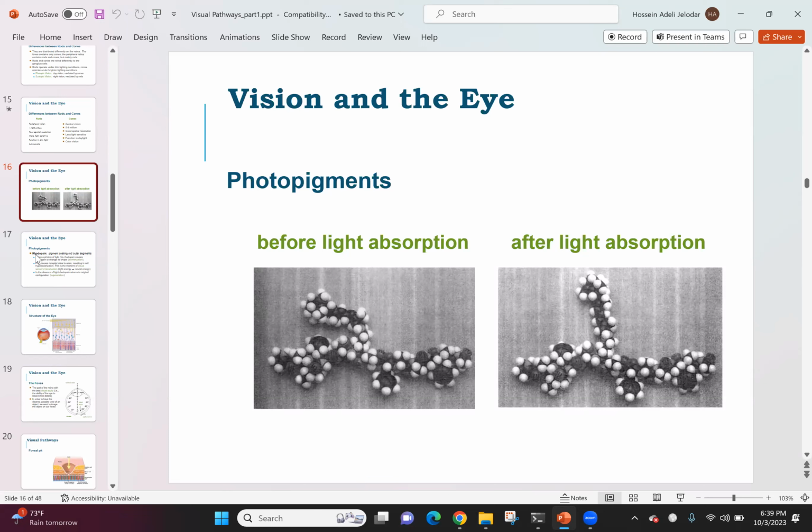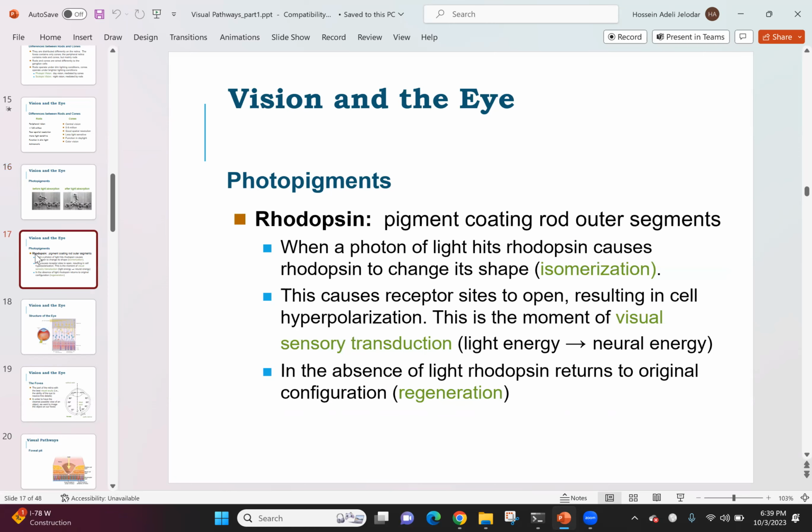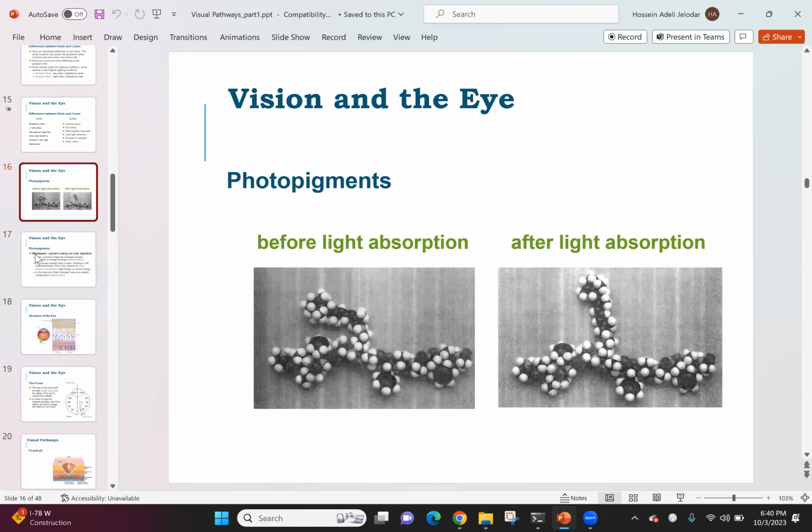Well, it happens in the rods and the cones. There are these pigments that are somewhat unstable. These are unstable proteins. And for the rods, they're called rhodopsins. What happens when a photon of light hits them? Well, they change shape. So proteins can change shape with energy.